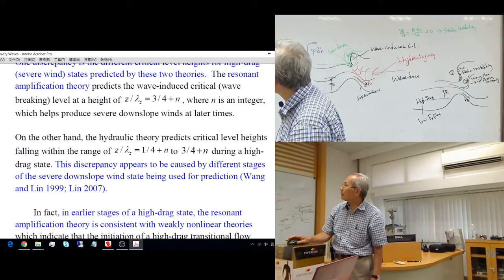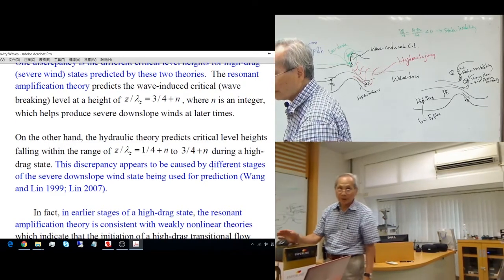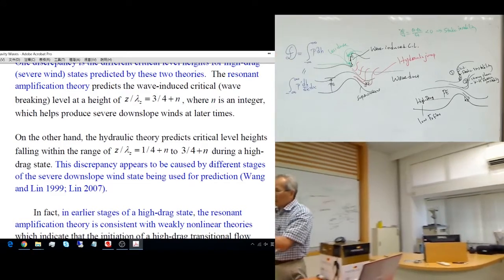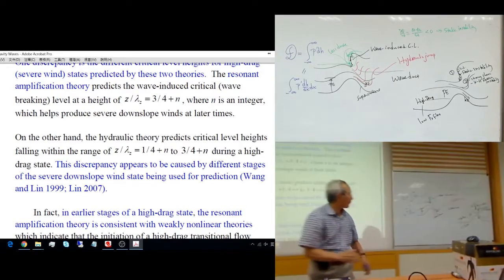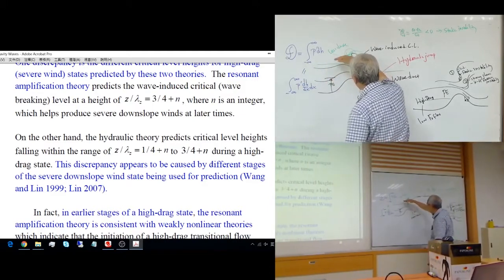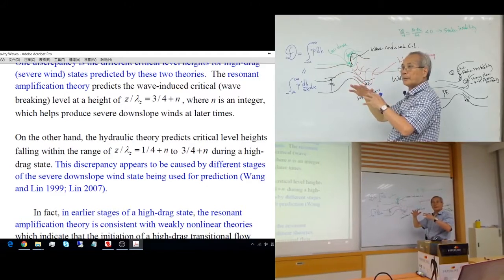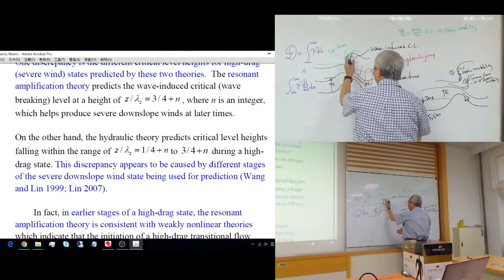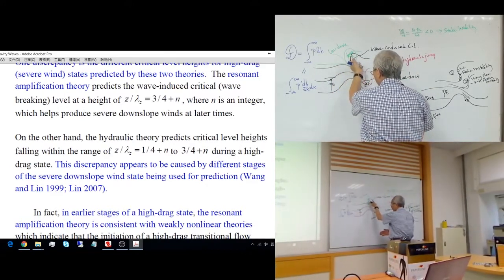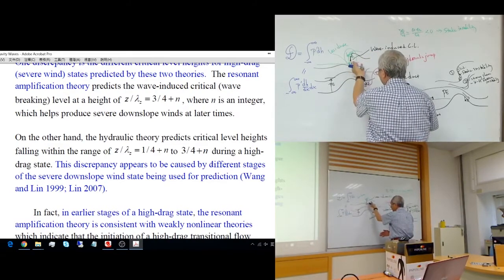So this discrepancy appears to be caused by different stages. In the beginning, you start to have this overturning. That is the earlier stage, so you have wave overturning, and that is created by the wave-induced critical level.